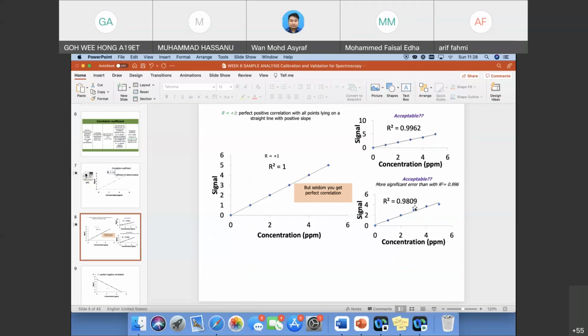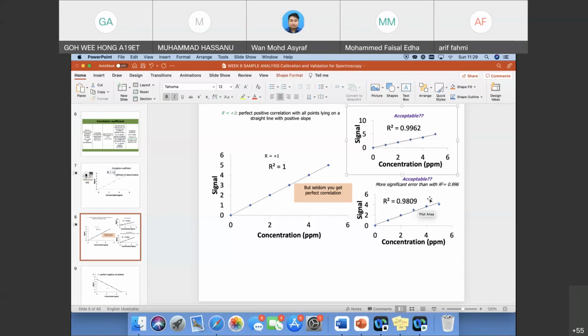But if it comes to 0.98, then you would need to do your calibration curve again, because it has much more error compared to the first one, which is 0.9962.